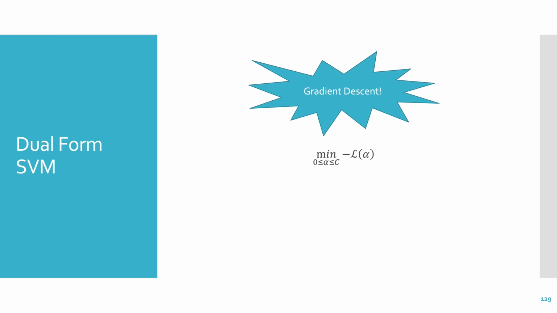All we did to get to this was a little bit of algebra and substituting terms. Then we were in a position to have dot products between samples, and we could replace those dot products with kernels. That's it. And then we can solve this kernel version of the soft margin SVM using gradient descent.